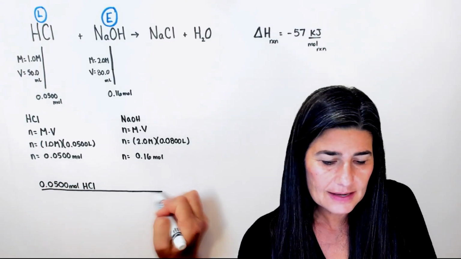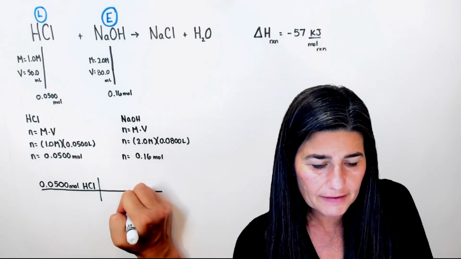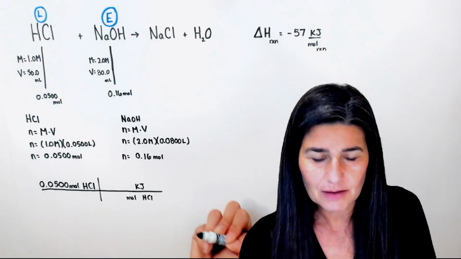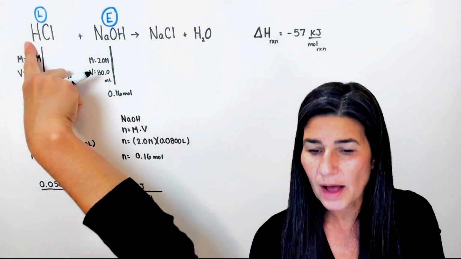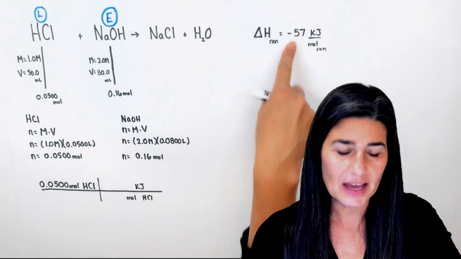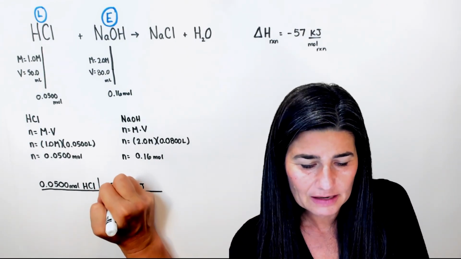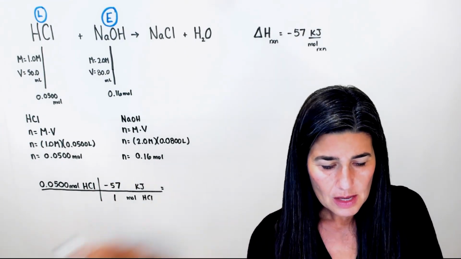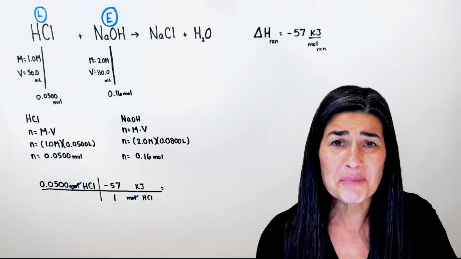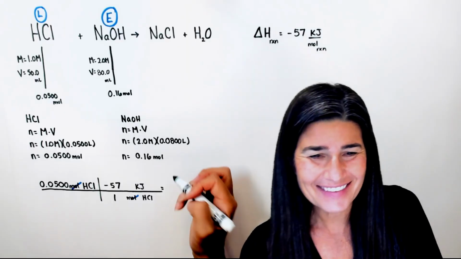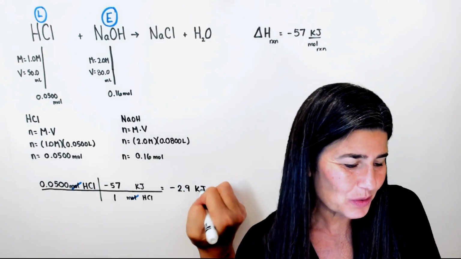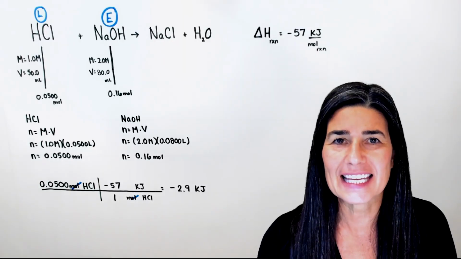I'm going to get rid of moles of HCl and go to kilojoules. What I know is for every 1 mole of HCl, I produce 57 kilojoules of energy. 1 mole, negative 57 kilojoules. Now your moles cancel out. If you take 0.05 times 57, you get negative 2.9 kilojoules. That's how much energy will be released.